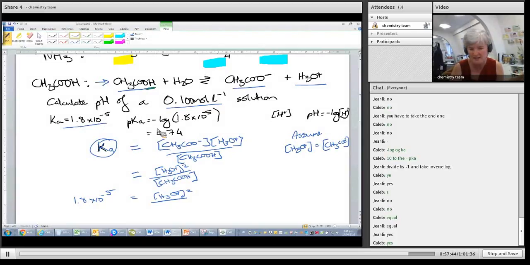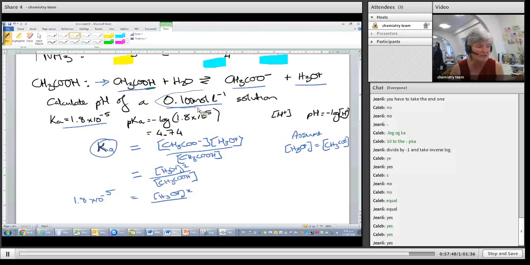Can I make that assumption? Yep. So you can write that. Assume CH3COOH is equal to 0.1. So I divide this by 0.1, and if it's divided on this side, it's multiplying on that side. So it's 1.8 times 10 to the minus 6.